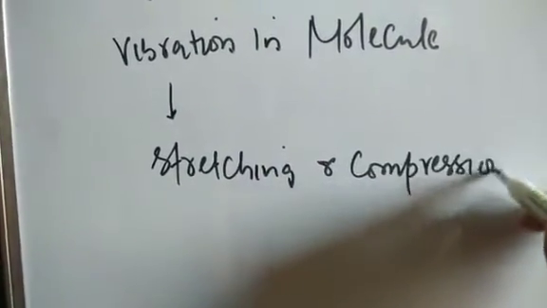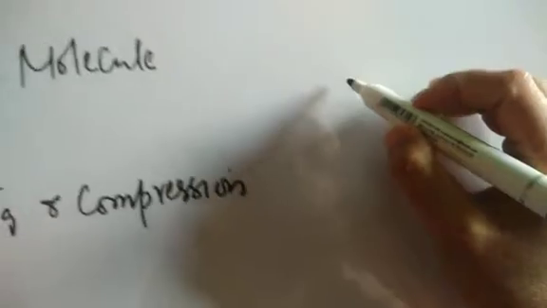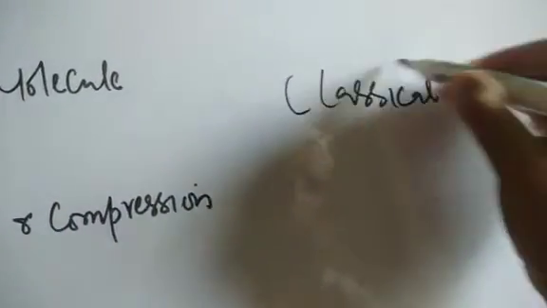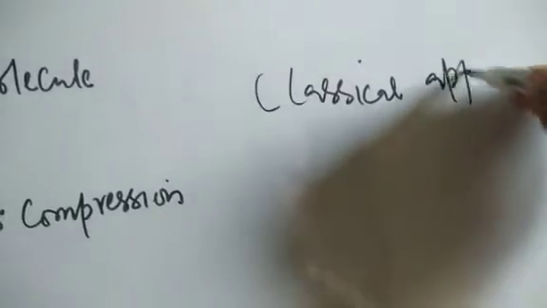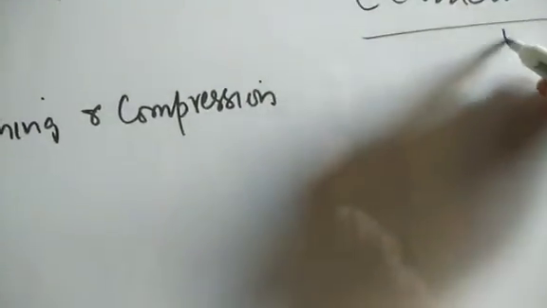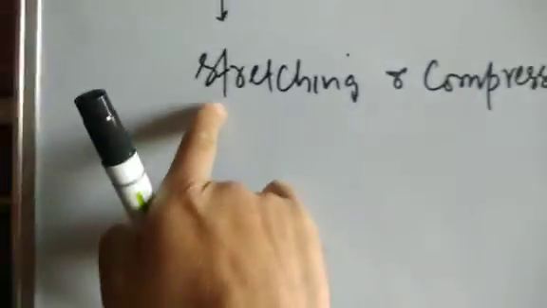We will understand this classically. The vibrational spectroscopy basics, classical approach. We assume that when the molecules absorb the infrared radiation in the classical approach, they undergo stretching of the bonds or compression of the bonds.